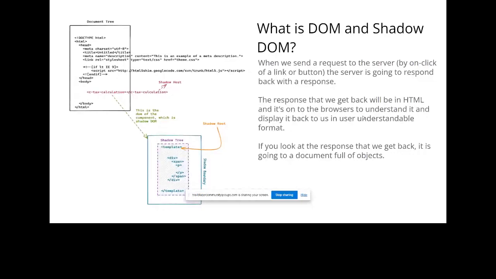Whenever you embed a Lightning web component on a web page, it's open to enable outside of Salesforce. Even if you use it in Salesforce, you'll see in the inspect element, for example, a component called text calculation.